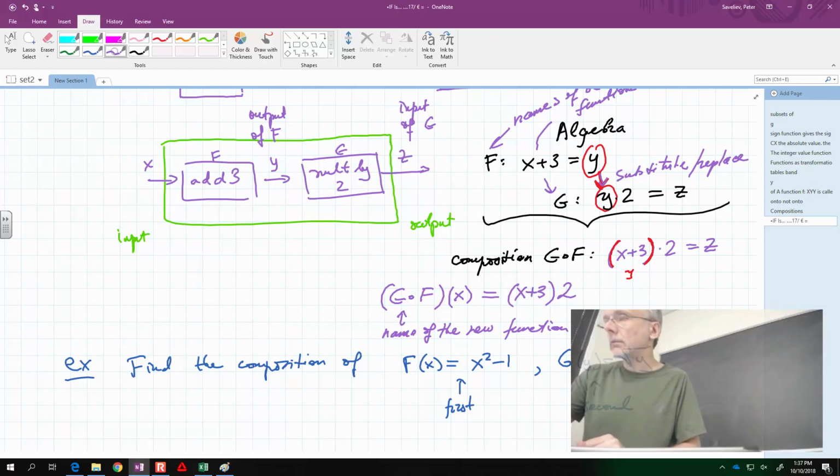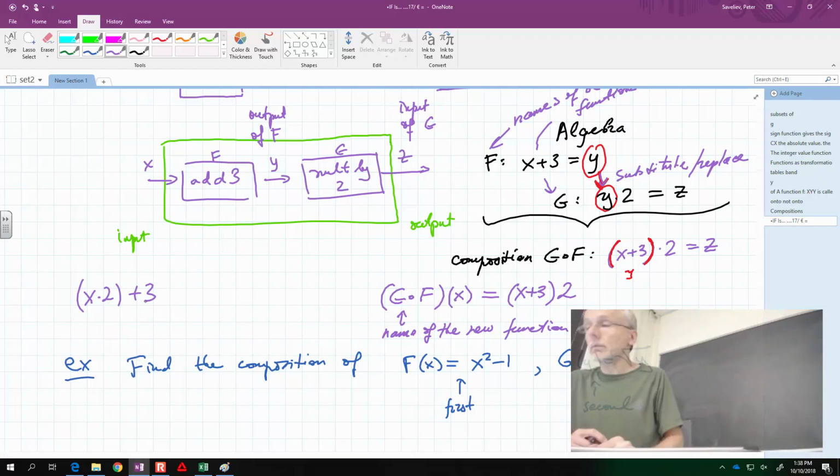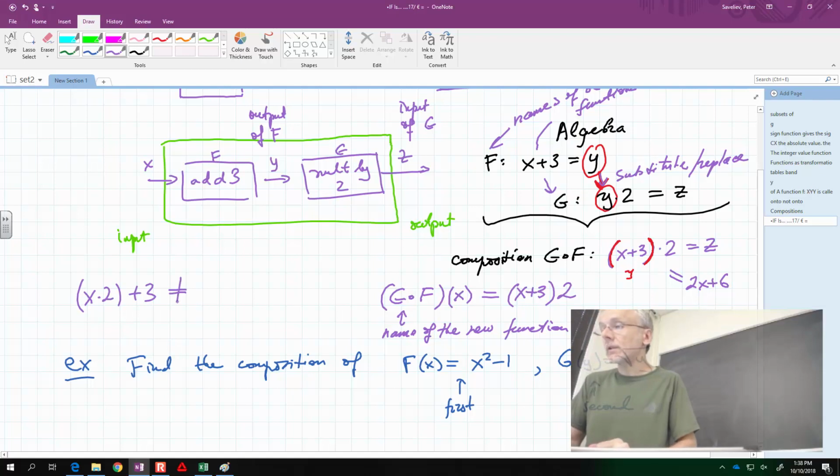What do I get? That's right. As you can see, it's not the same as x plus 3 times 2, right? This is 2x plus 3, and that one, if you simplify, is 2x plus 6. So it's not the same function. The order does matter.